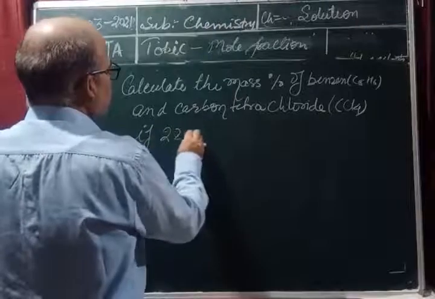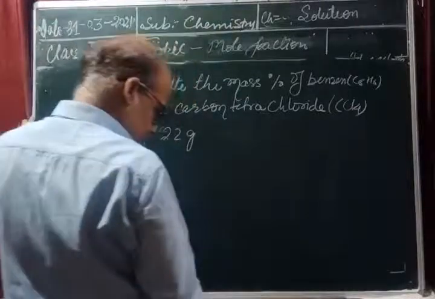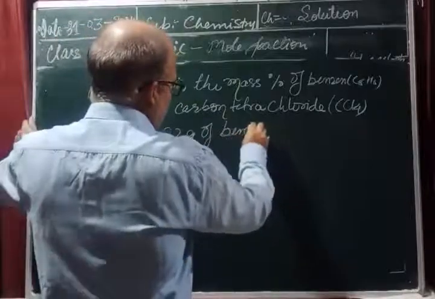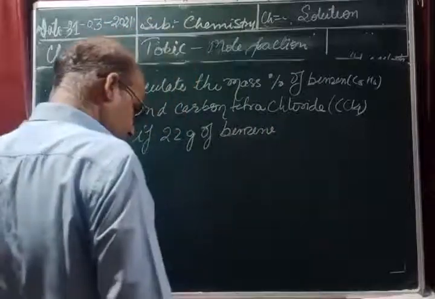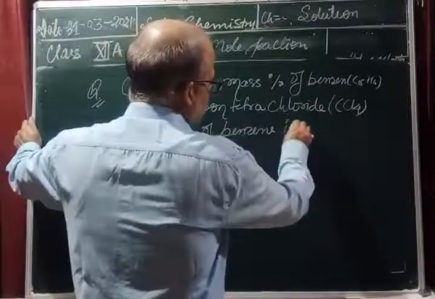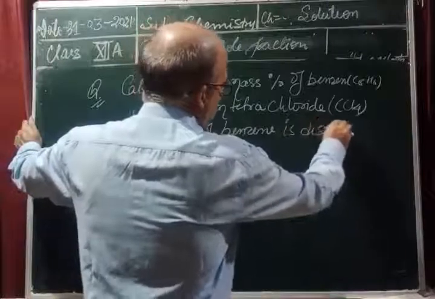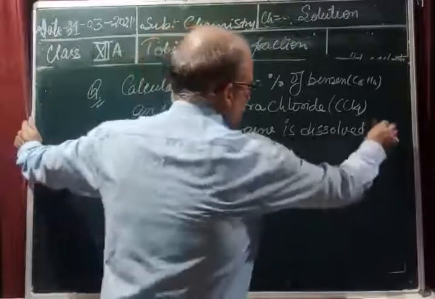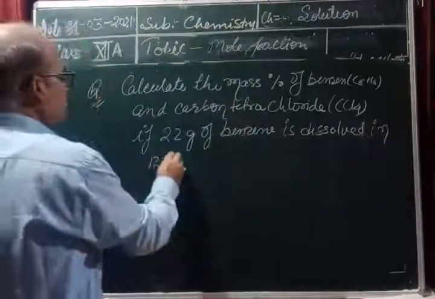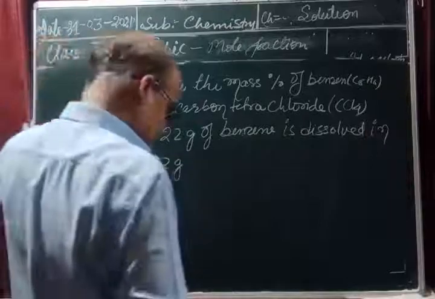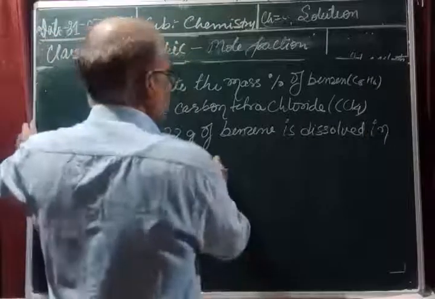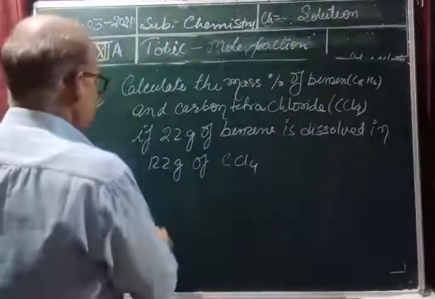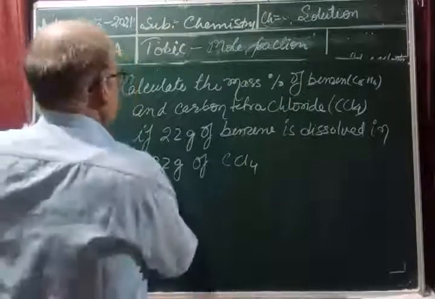If 22 gram of benzene is dissolved in 122 gram of CCl4, carbon tetrachloride, then the mass percentage of benzene is asked.